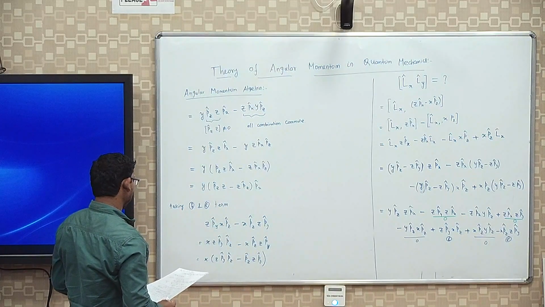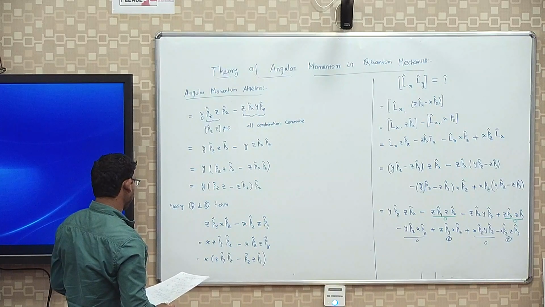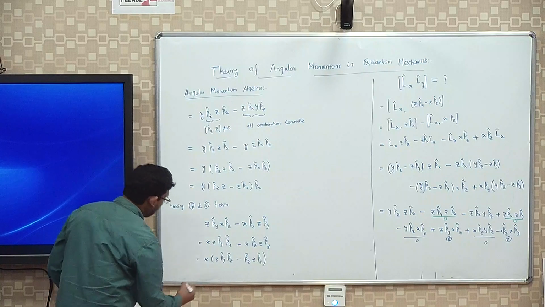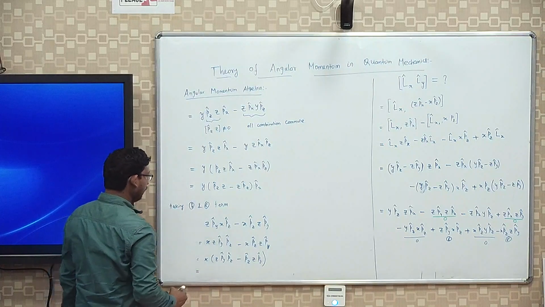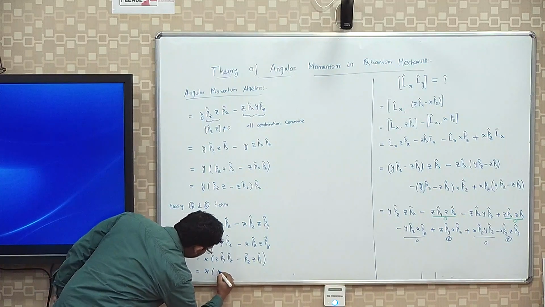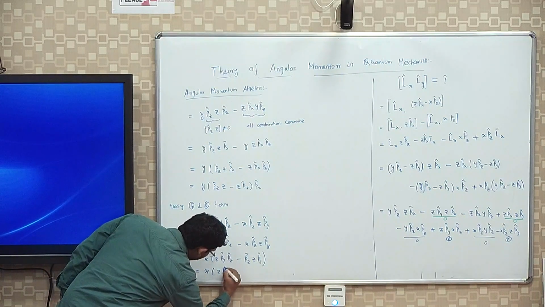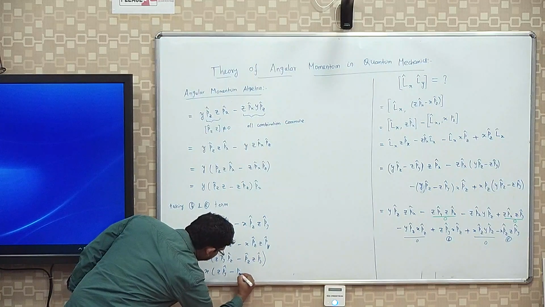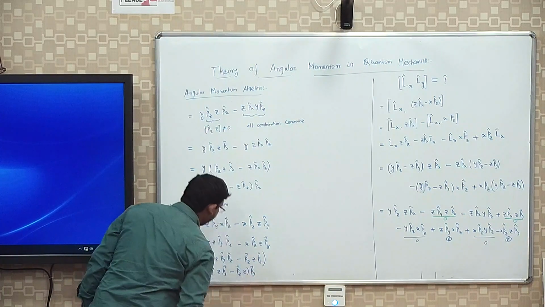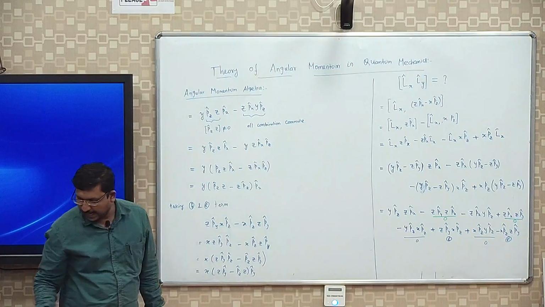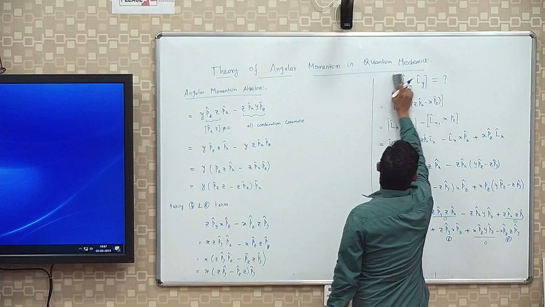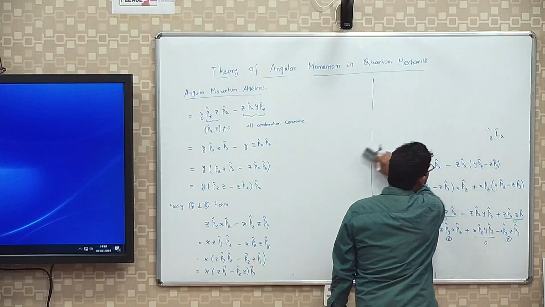Again here py can be taken out. x z py minus pz z py. If we are adding these two terms, we will get the commutation of Lx with Ly.